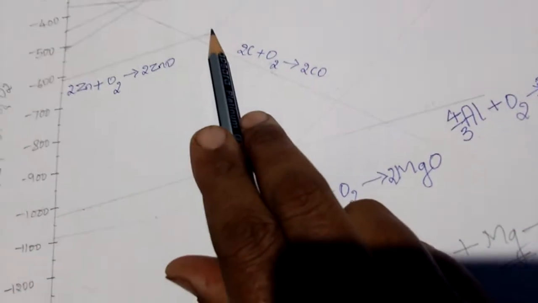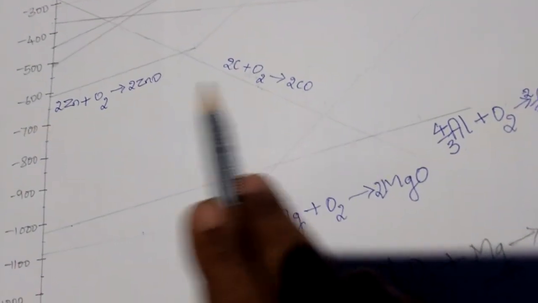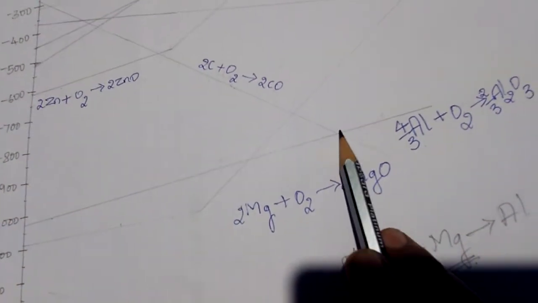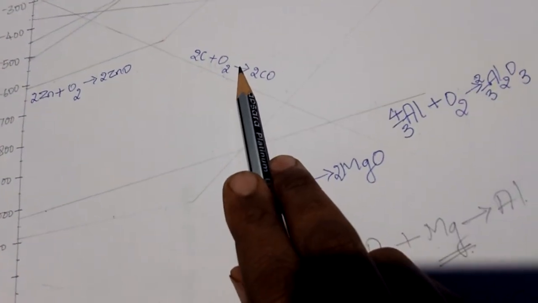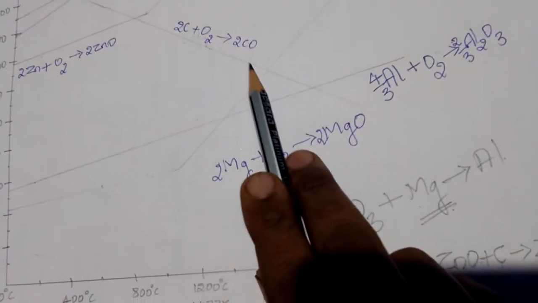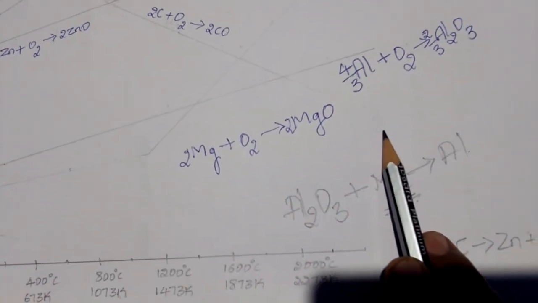See, now this is how we select the reducing agents for the reduction of any metal oxides. But we can't use coke as a reducing agent for aluminium because it crosses this line only at a very high temperature, right?